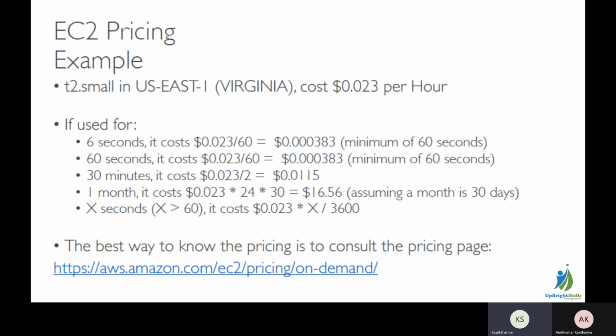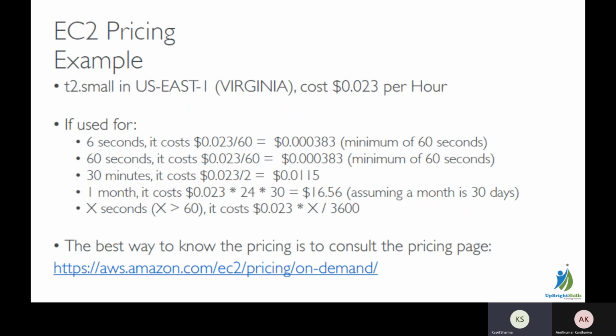For 60 seconds, it costs 0.000383. For 30 minutes, it costs 0.0115. For 1 month, it costs 16.56, assuming 30 days in a month. This is how you can calculate your cost, and you can use the AWS calculator for seeing the pricing. I will show you in the AWS calculator as well.